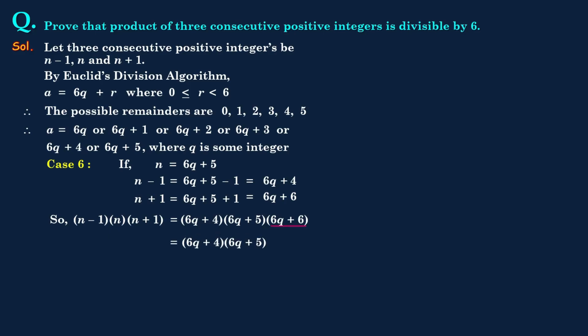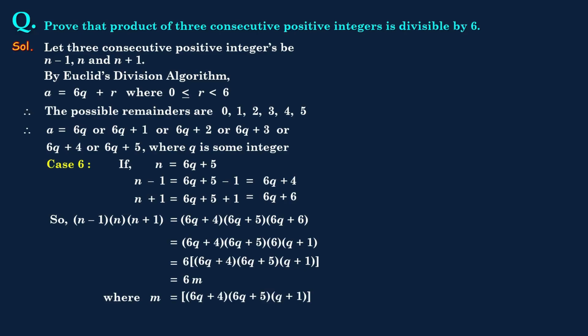Now, because our main target is to get 6, since we got 6 from the last part, we don't need to split the other parts. So now we will take 6 as common over here and it will be q plus 1. If we take 6 in front of everything, then put everything inside another bracket, we will get 6m, where m is the entire thing, and we can see that it is also in the form of a multiple of 6.